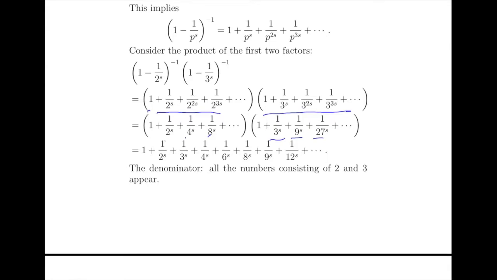And expanding everything, we get 1 plus 1 over 2 to the s, 3 to the s, 4 to the s, 6 to the s, where 6 is from 2 times 3, and 8 to the s, 9 to the s, and 12, where 12 comes from 4 times 3, etc. So now you can see that in the denominator, all numbers consisting only of 2 and 3 appear. Okay?